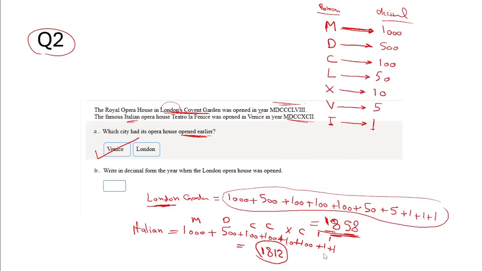Here, write in decimal form the year when the London Opera House was opened, which is this answer: 1858. So to answer these questions, you have to be aware of how to change Roman numerals to decimal numbers. Okay, let's see question number 3.